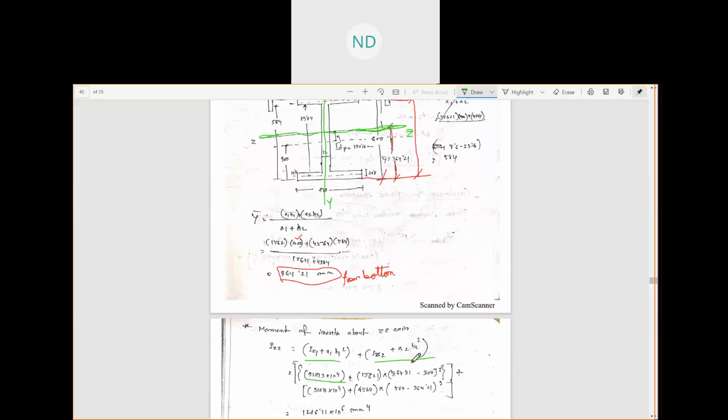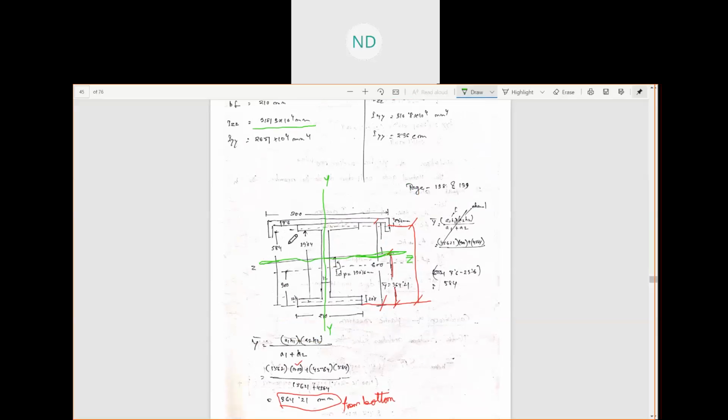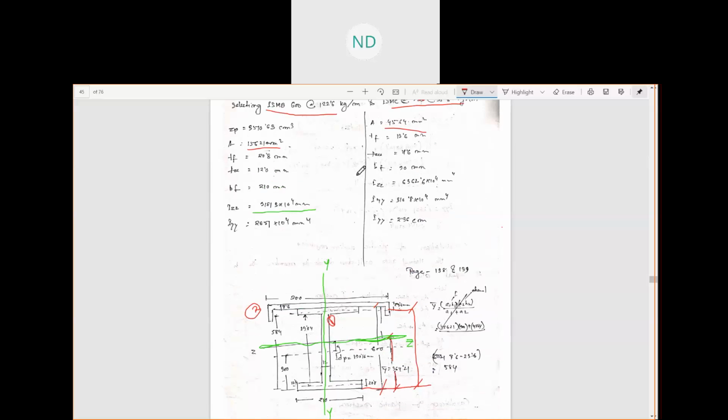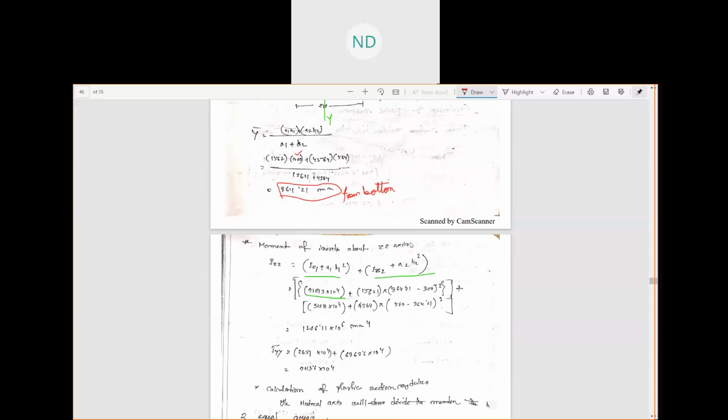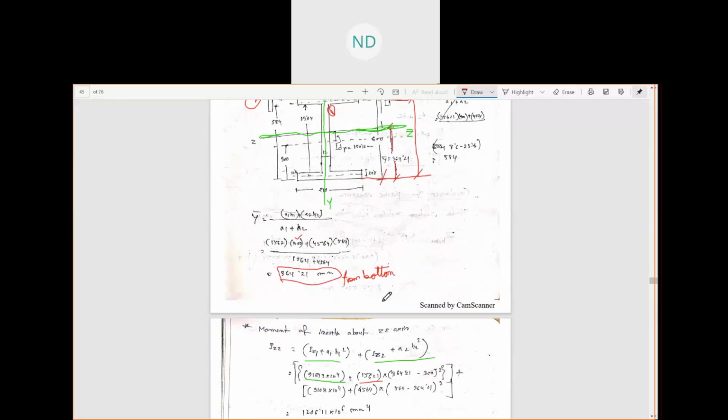Now coming to the second section. Suppose this I section is number 1. Then for the second section, Iz2 will be how much?